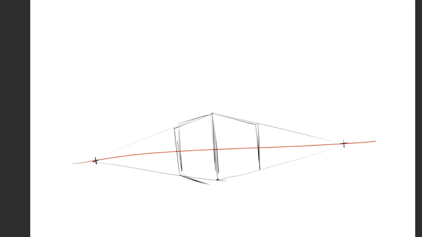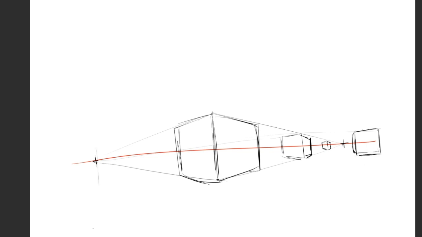And mostly like this. If it's closer here, it might look like this. And the closer it gets, it would look like this. It can also be placed here as well.